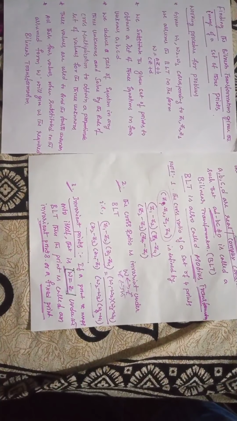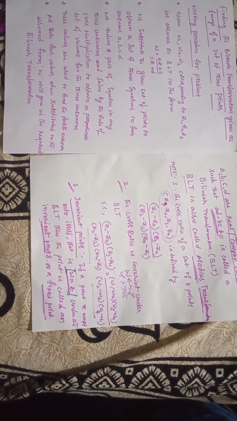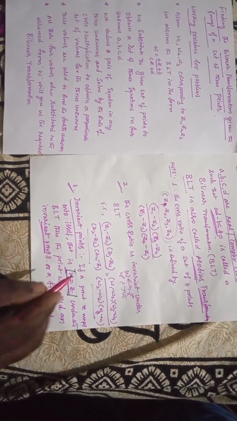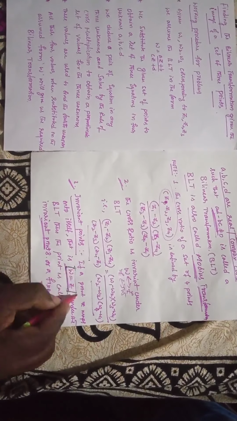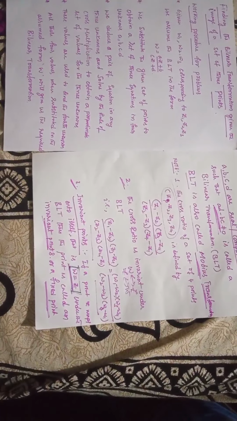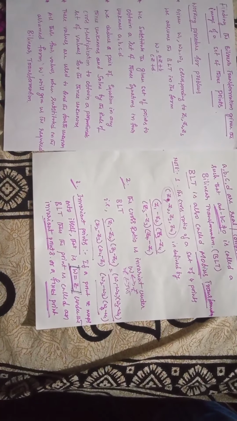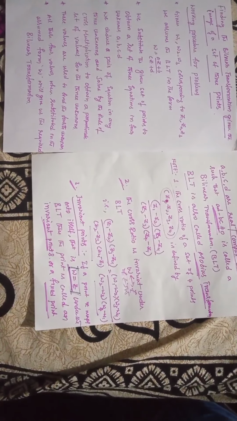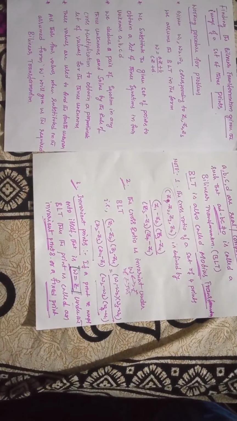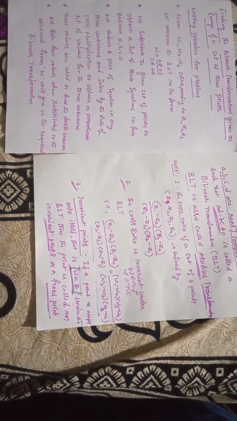In the problems they may ask to find fixed points or invariant points for the given bilinear transformation. The condition for invariant points or fixed points is W equal to Z.